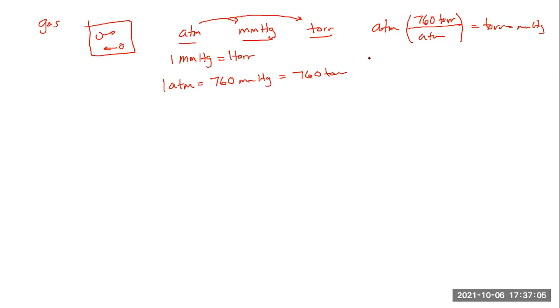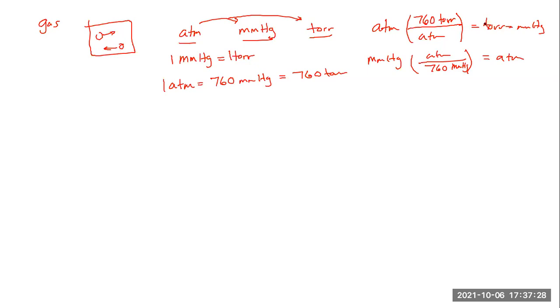And vice versa, if you have millimeters of mercury or torr, you divide by 760, and that gets you to atmospheres. This is a very common conversion that we see a lot.